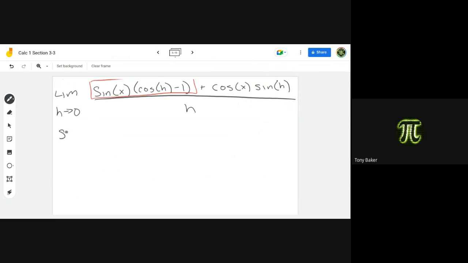So I can write this as sine of x times the limit as h goes to 0 of cosine of h minus 1 over h, plus cosine of x times the limit as h goes to 0 of sine of h over h.